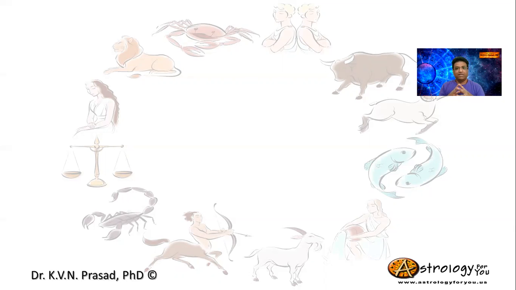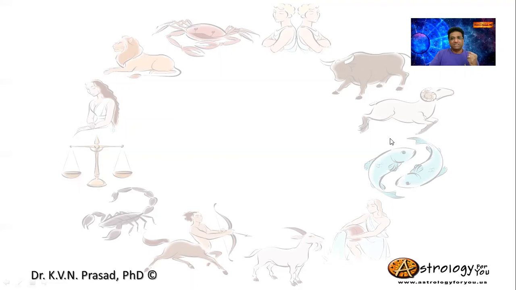Otherwise it is called zodiac signs, or in Vedic astrology we call them rasis, 12 rasis, starting from Aries to Pisces. Aries, Taurus, Gemini, Cancer, Simha, all that until coming to Pisces, right? That is Meena Rasi, Mesham to Meenam. These are the 12 signs. So this is the zodiac, right?